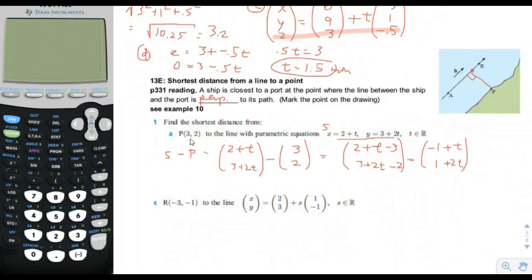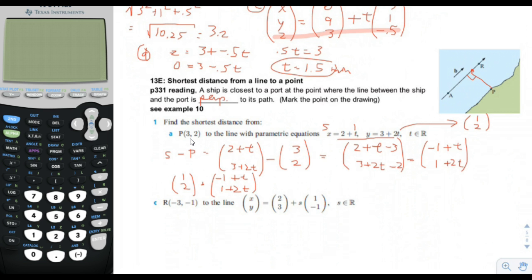So what is the direction of this line? We just take the velocity vector, which is (1, 2). I don't know if you call it the slope, but it's the direction vector or velocity vector of the line. We're curious when the scalar product of the velocity vector with the vector we just figured out is equal to 0.